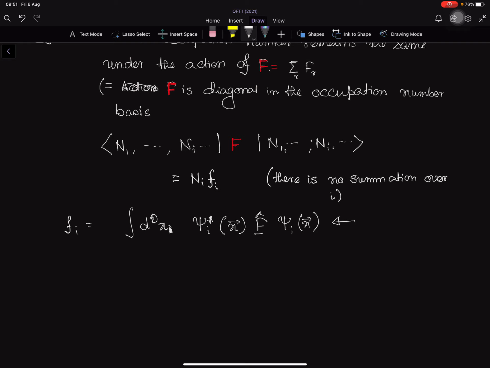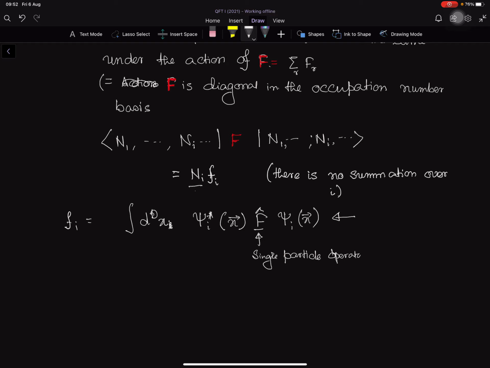This is the single particle operator again, not the red f. And Ni is just the number of the states.